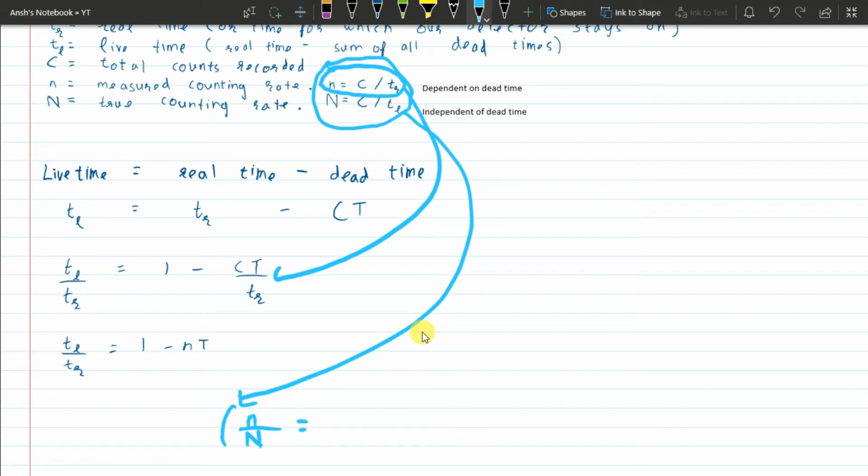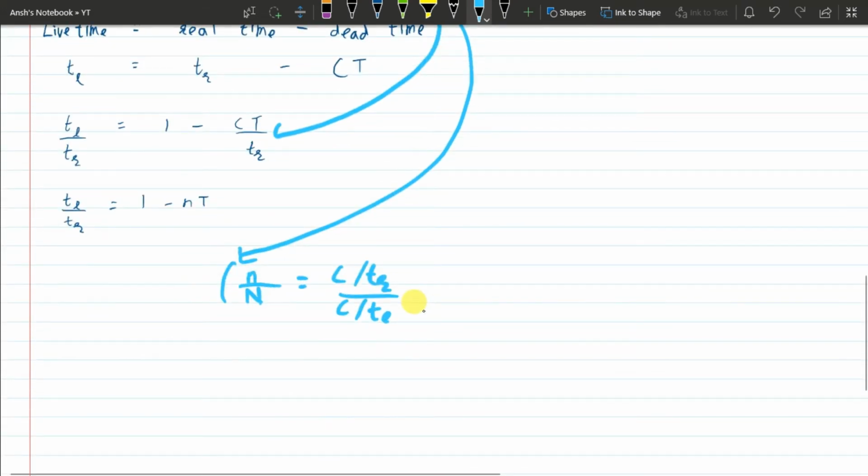So we have small n upon capital N is equal to c upon TR upon c upon TL. Now the c's cancel out, and we are left with TL upon TR.